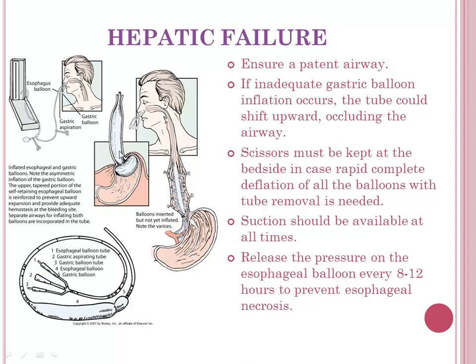I'm not exactly sure how much air must be inflated in it, but I would say it's about 50 cc's, and trying to get that balloon to deflate would take far too much time when your patient's in respiratory distress. So you've got to have scissors at the bedside, because what you would do is just cut all of the balloons and then quickly remove the tube. And of course you need suction at all times.